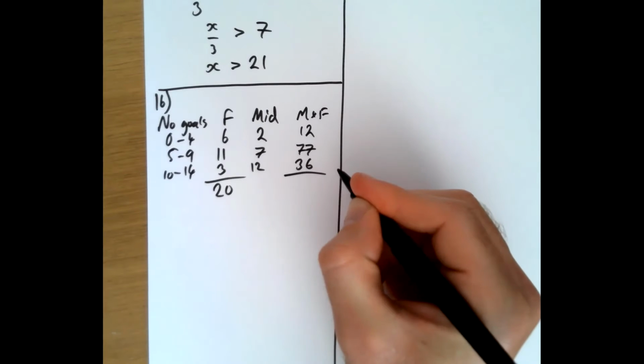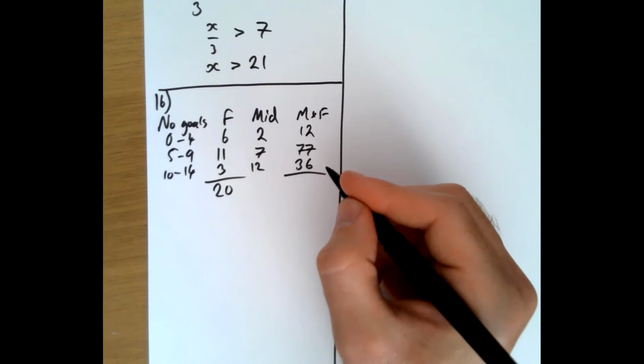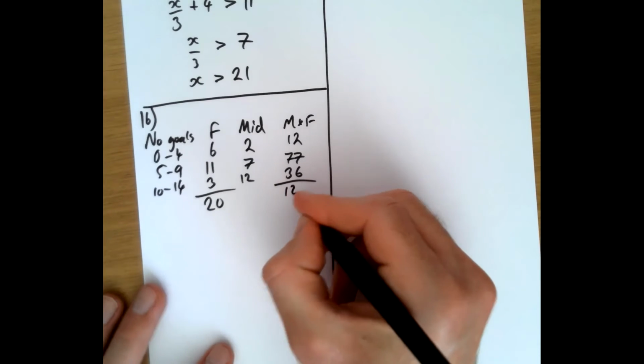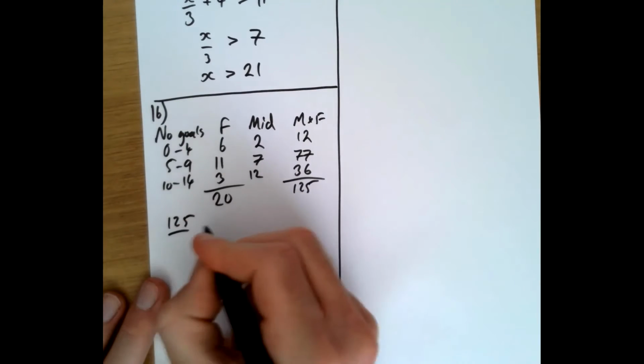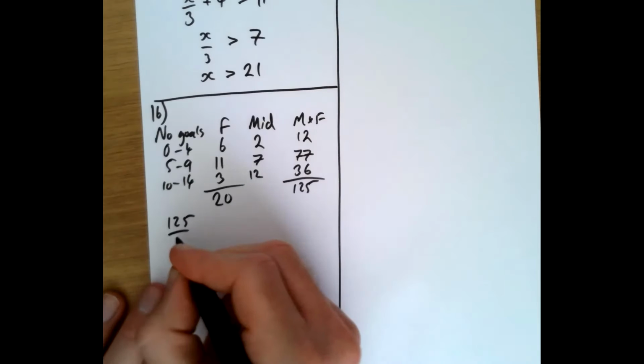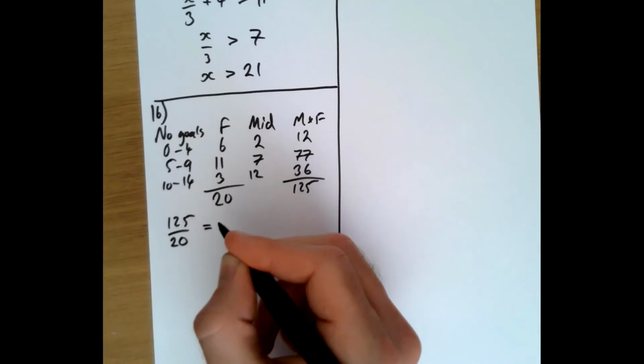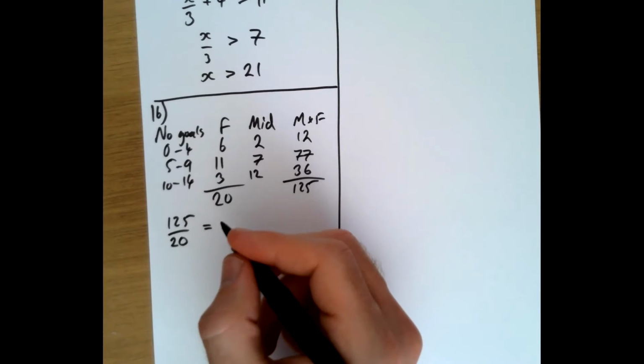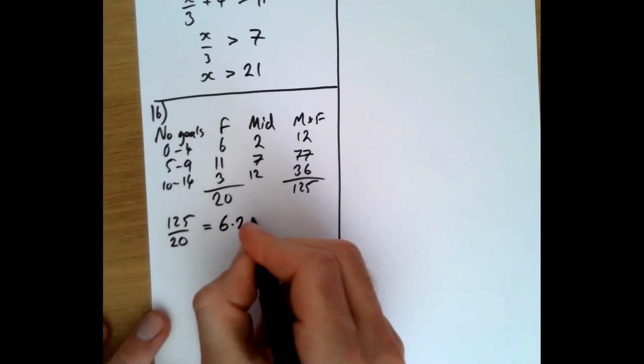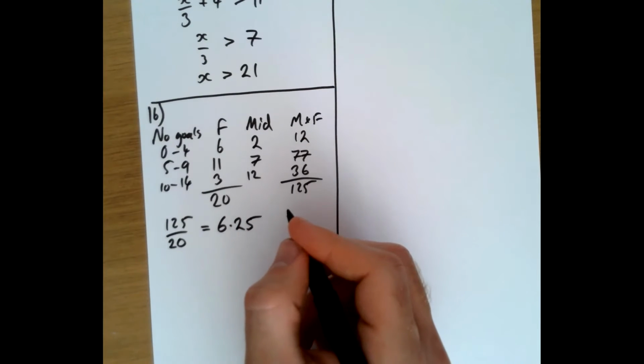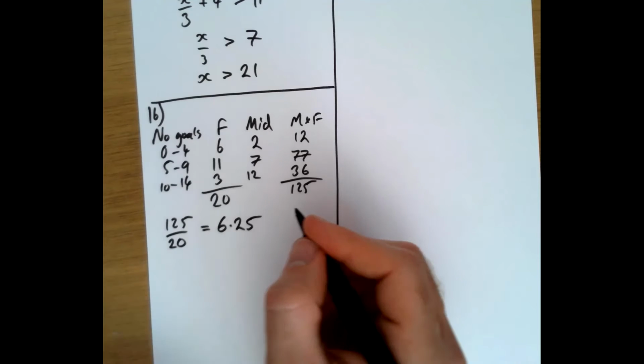So we add up those number of goals. 36 add 77 add 12, which is 125. And then we're going to do the total number of goals divided by the number of games that we've had to work out the mean number of goals, which is 6.25. It tells us that we have to give it as a decimal, so I'm just going to leave my answer like so.